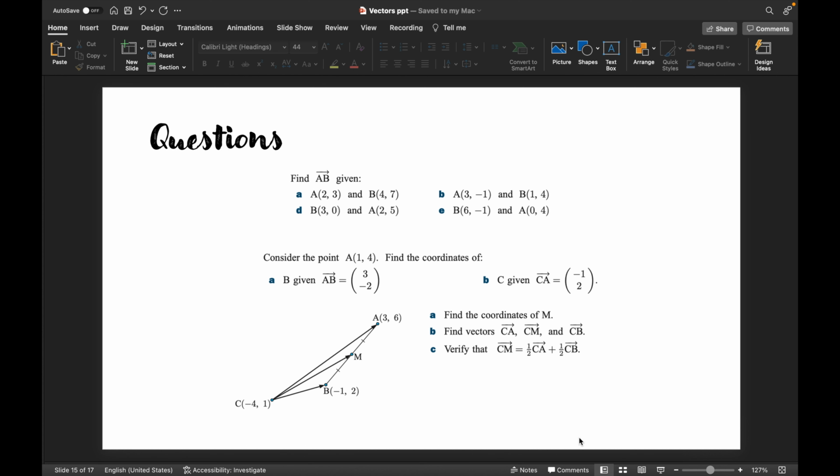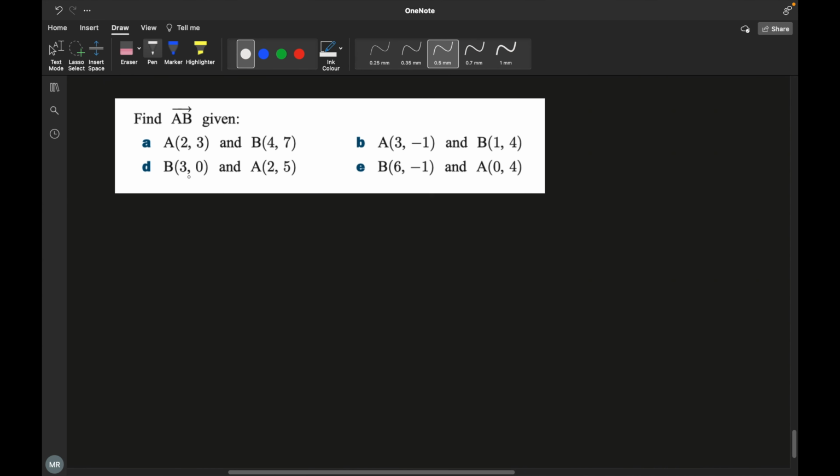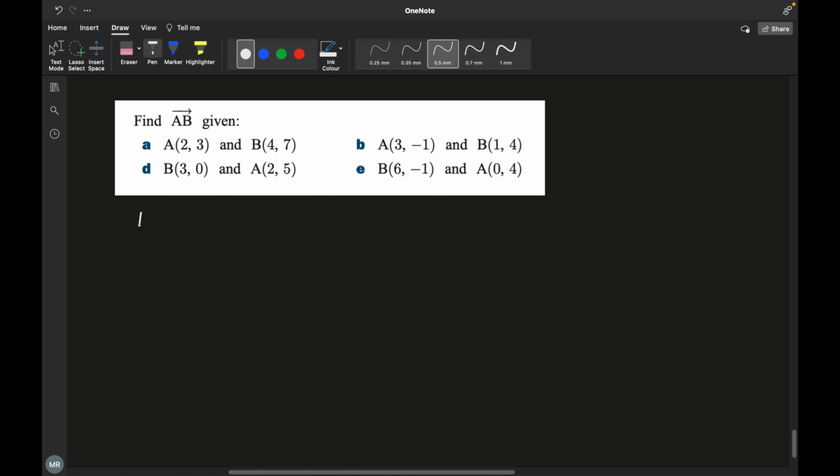Let's read the questions together. Let's look at the first one. Find AB given that the position vector of A is 2, 3 and the position vector of B is 4, 7. We know that vector AB is the same thing as OB minus OA.